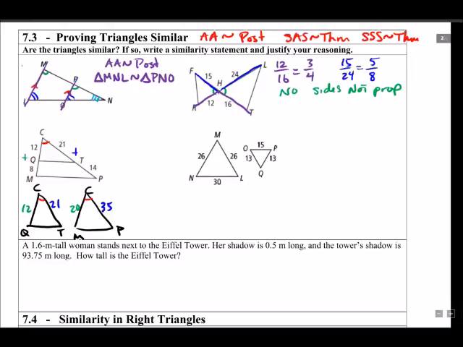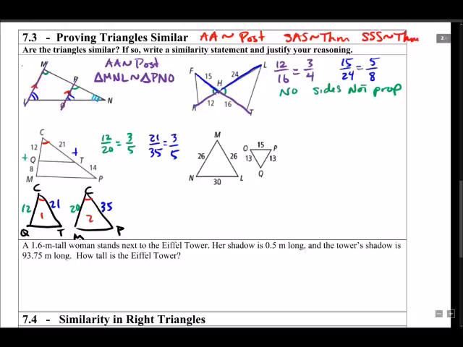So let's check our sides. I like to call this one 1, this one 2. And I'm going to do 12 to 20, 4, 3 to 5, and 21 to 35. It's a 7. 7 goes in there. 3 to 5.